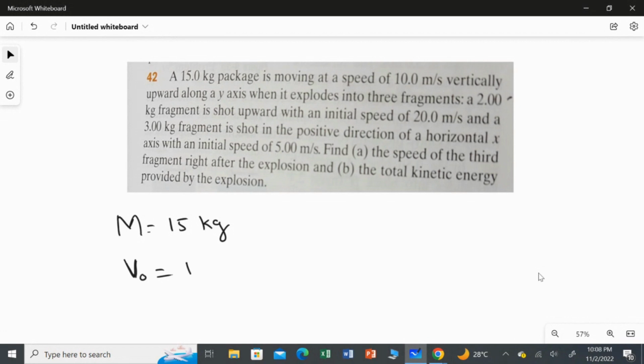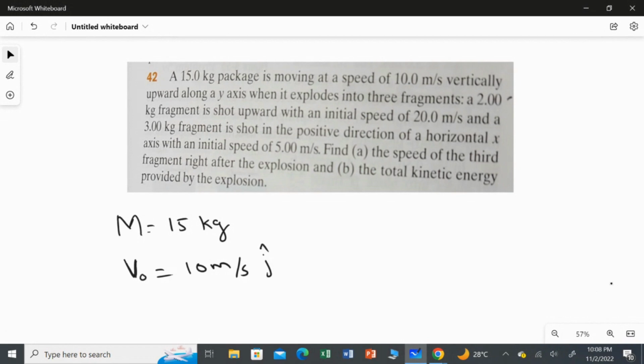So V naught is 10 meter per second, and they clearly mention it is vertically upward along the y-axis. So what is the unit vector notation for this? The unit vector notation for the y-axis is j cap. Clear?